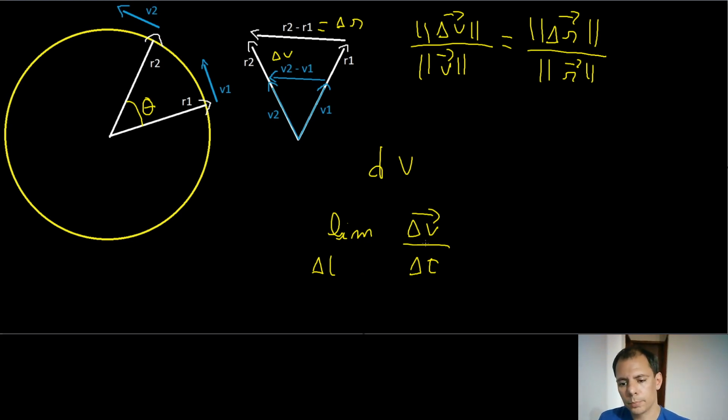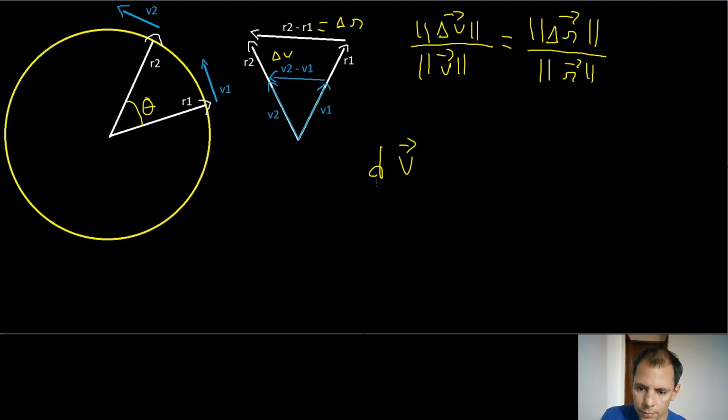All right, so the derivative of the velocity vector with respect to time is going to equal the instantaneous acceleration vector, and that's what I'm trying to find out. This is the centripetal acceleration vector that I want. So what am I going to do?